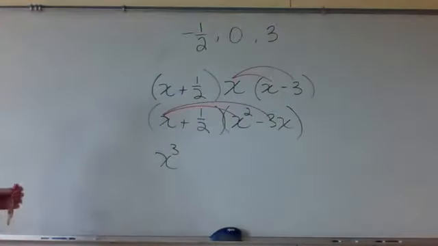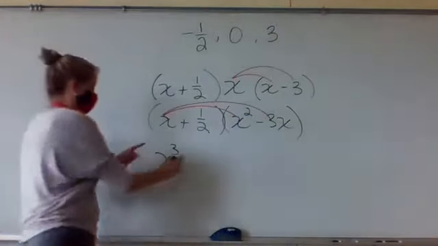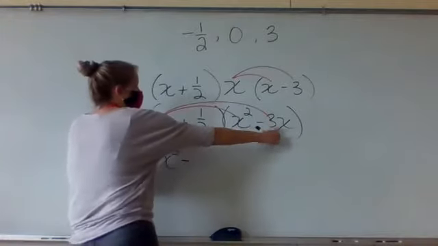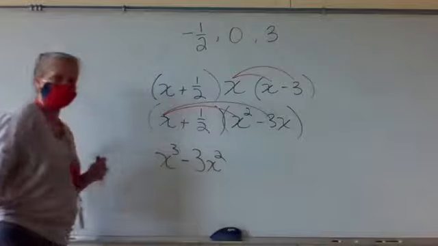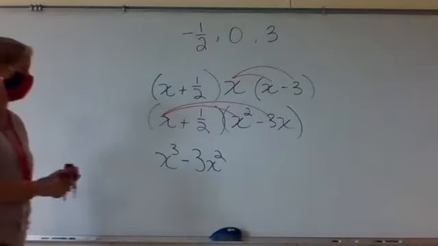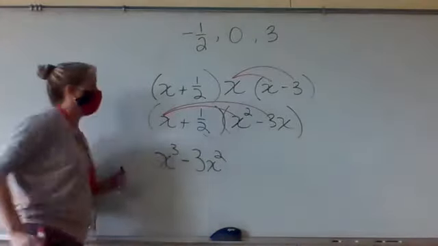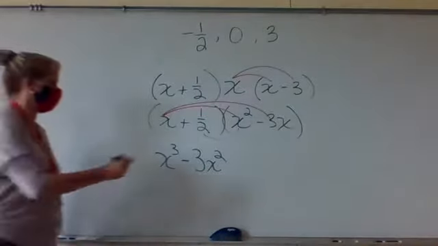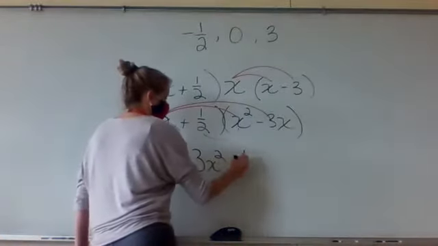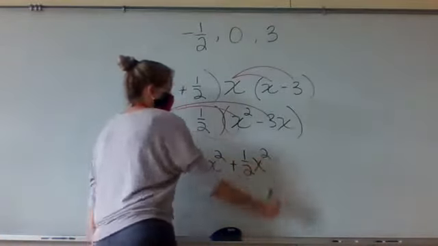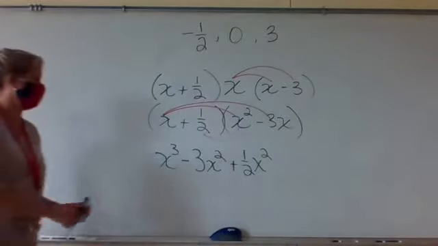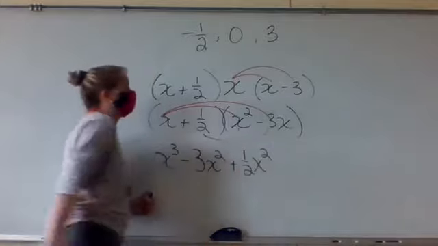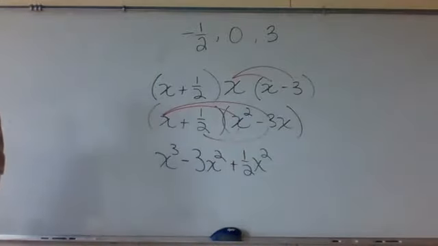X times negative 3x gives me negative 3x squared. My inner, 1/2 times x squared gives me positive 1/2 x squared. And then my last, I have 1/2 times negative 3x.